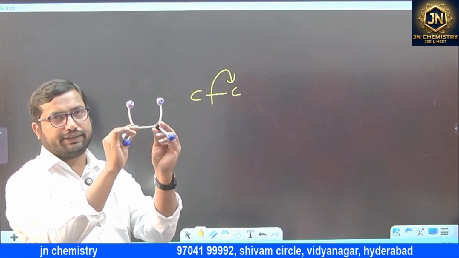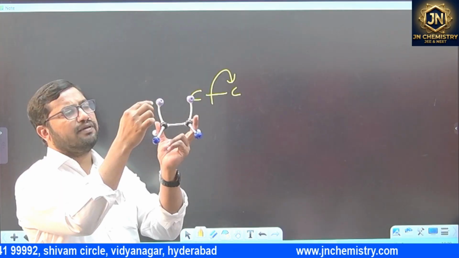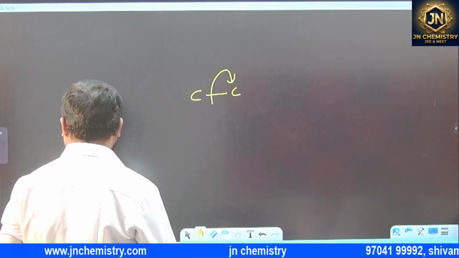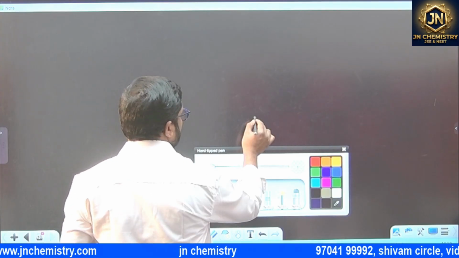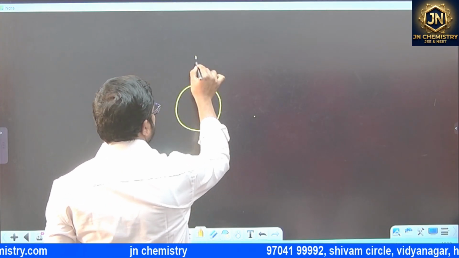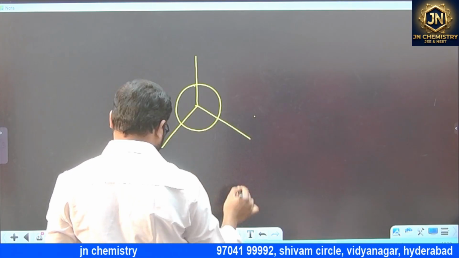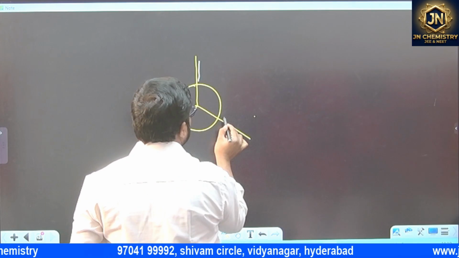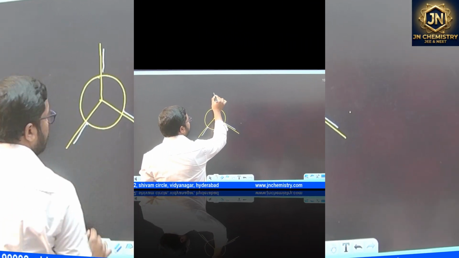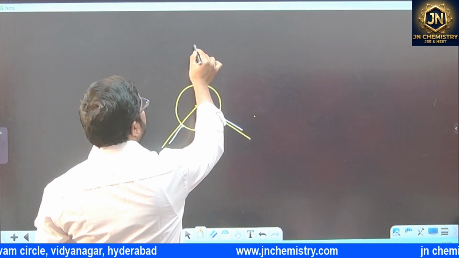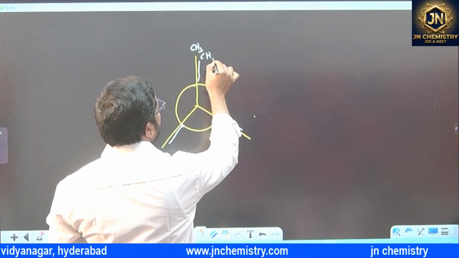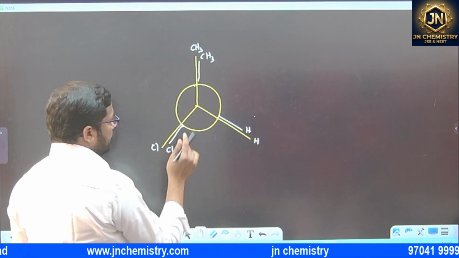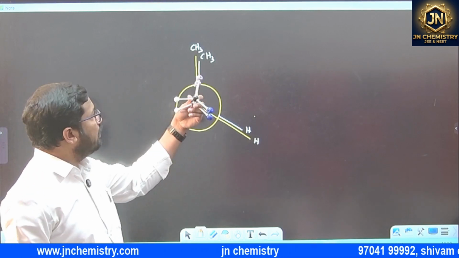The dihedral angle is 0 right now, on the same side, purple, blue, white. If you are writing the Newman formula, the back side one, if I am showing like this, here is, for example, methyl, hydrogen, chlorine, something. 3 groups are there.